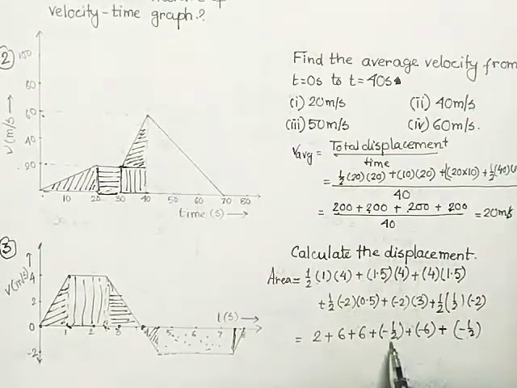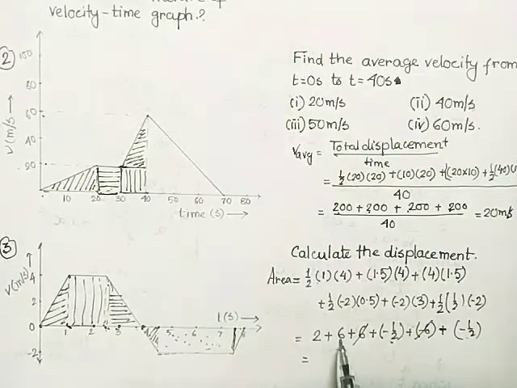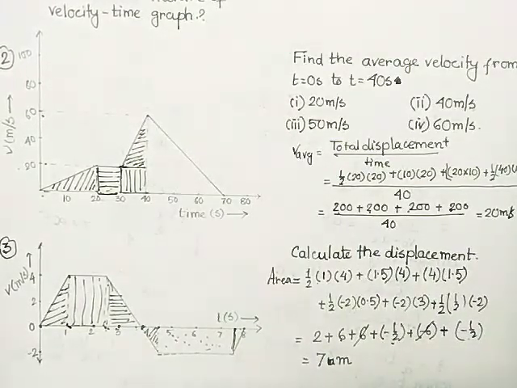So minus half minus 1, and the minus cancels out with plus 6. So 6 plus 2 is 8, and with minus half, the area is 7 meters, and this is the displacement here.